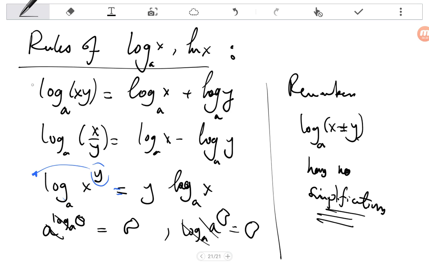Okay, instead of writing these rules for the logarithmic function, we write them for ln, because we just consider the ln function. We'll just rewrite these rules again.